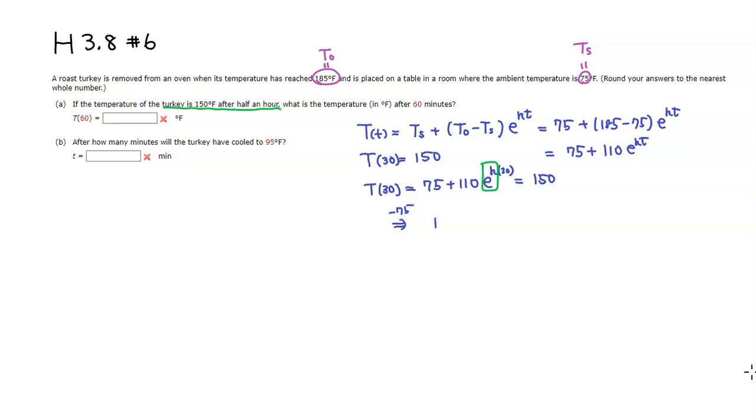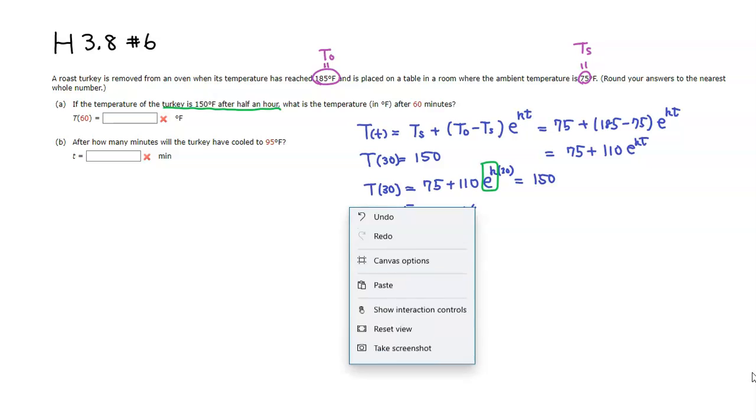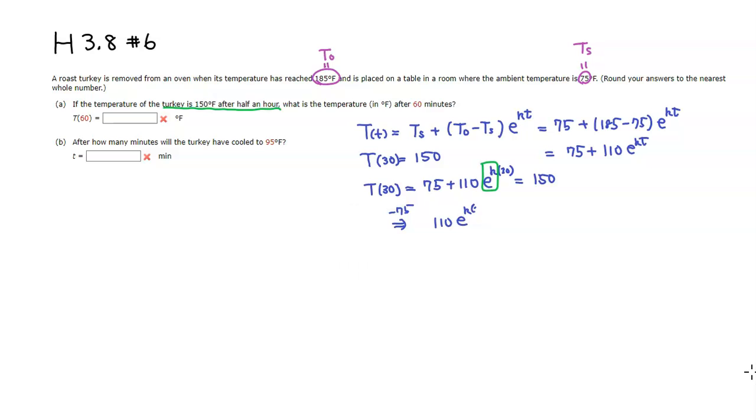So we have 110 e to the k times 30 equals 150 minus 75, which is 75. Then I'm going to divide through by 110. So e to the k times 30 is going to be 75 over 110.